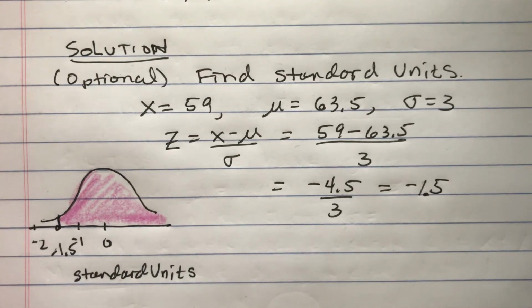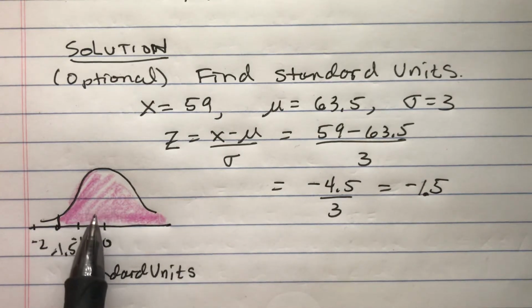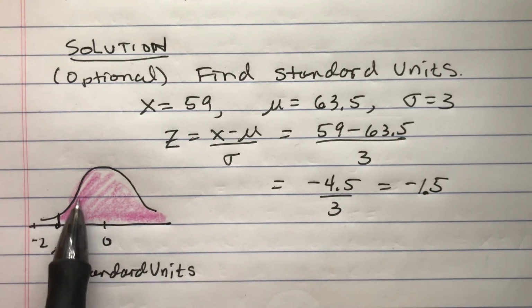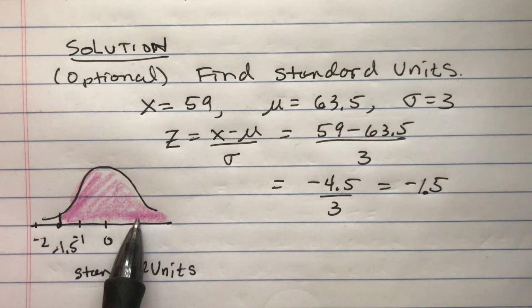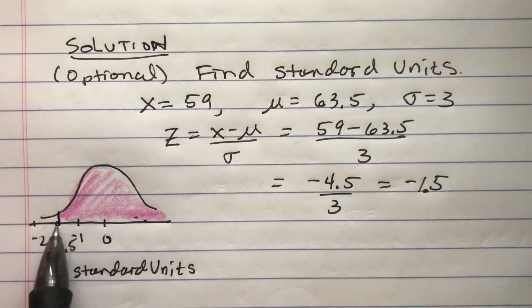Now, I like the idea of being able to use the empirical rule to answer this question, but I know the empirical rule covers values between negative 1 and 1 standard deviation and negative 2 and positive 2 standard deviations. So I don't have anything for negative 1.5. I could look that up and memorize that.